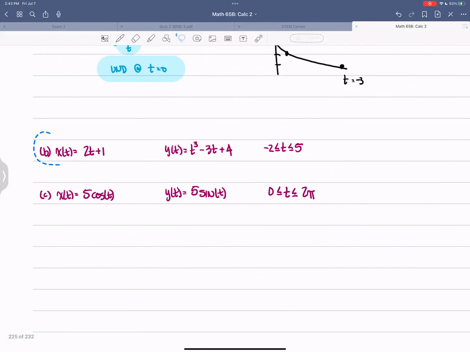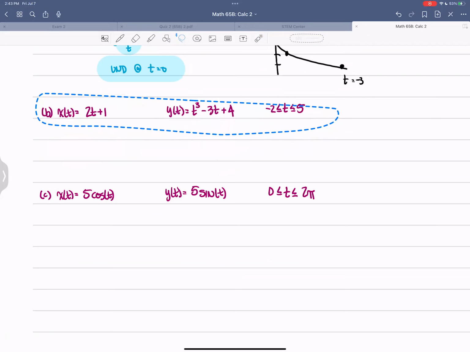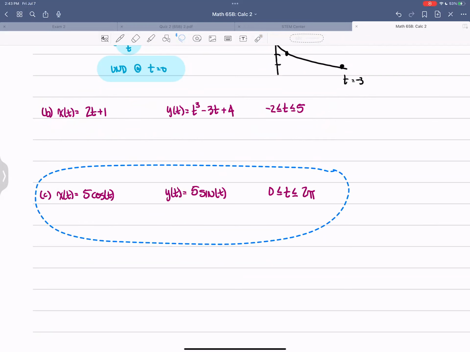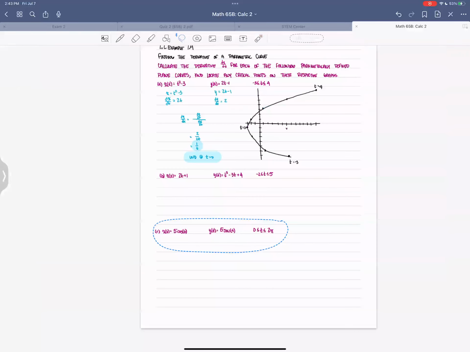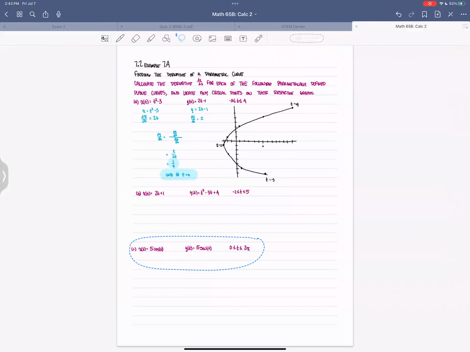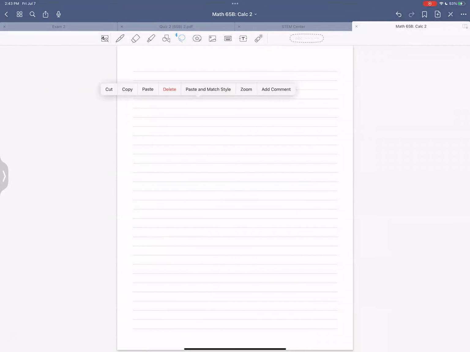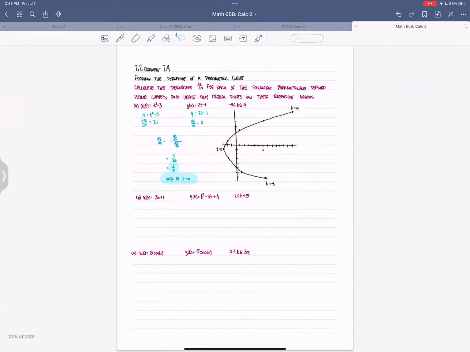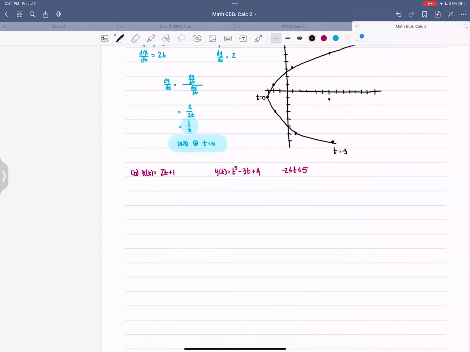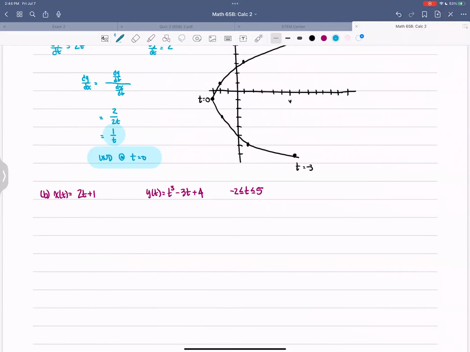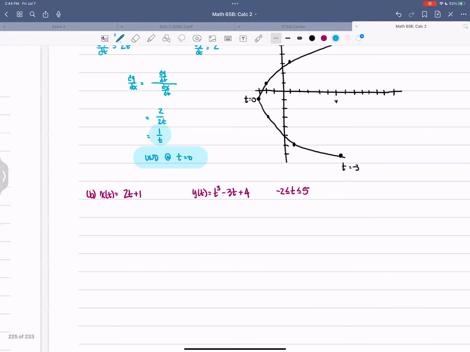So part B. I don't think we're going to have enough room for this one. All right, and same thing here. We're going to find the derivative and see what happens from here.